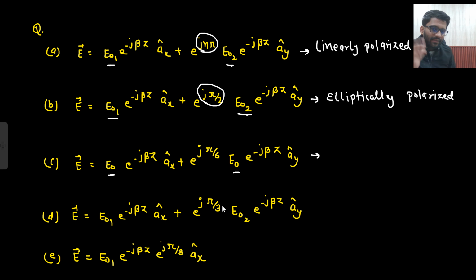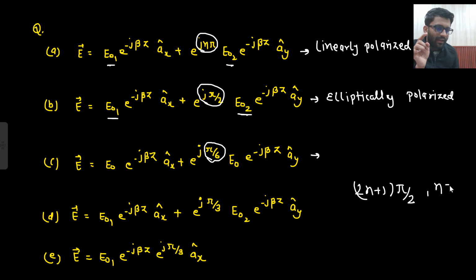Magnitudes are the same, but the phase shift is random. If the phase shift is random, you do not even need to look at these E naught. Random means it should be either an odd multiple of pi by 2 or a multiple of pi. If both these cases are not there, that means it is elliptically polarized.